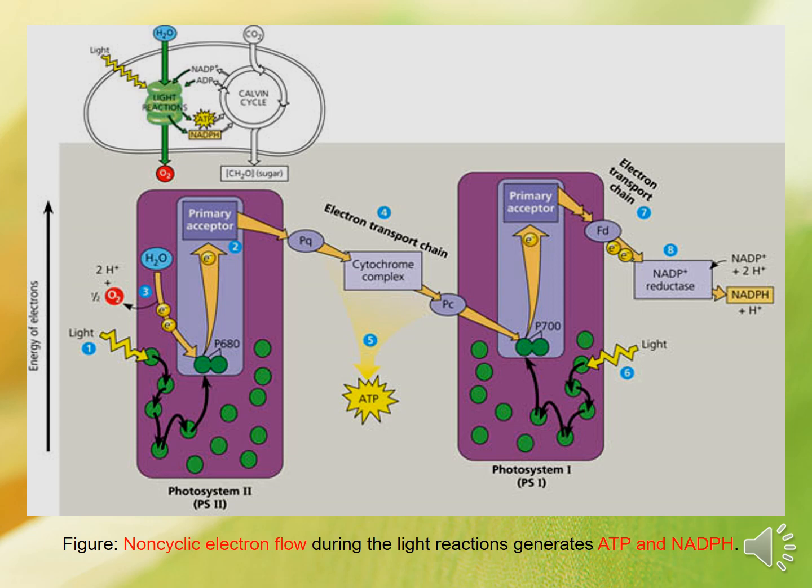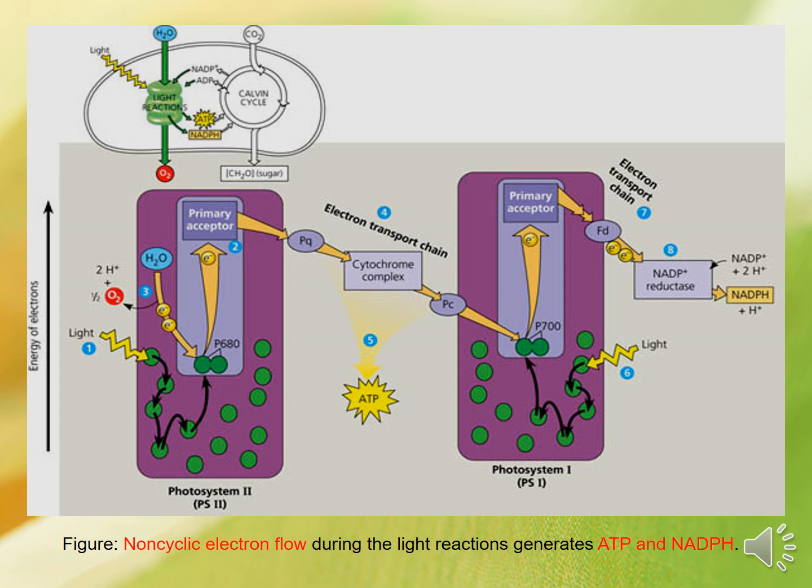So that is number 5. Then look at step number 6, which is about what happens at photosystem 1. The process is similar to step number 1 in photosystem 2.